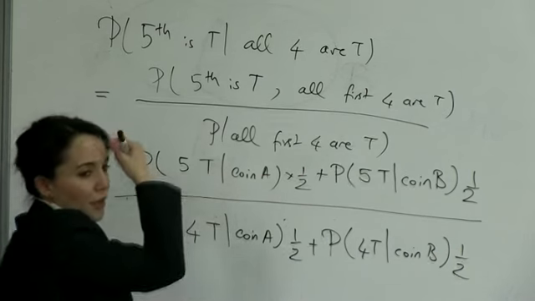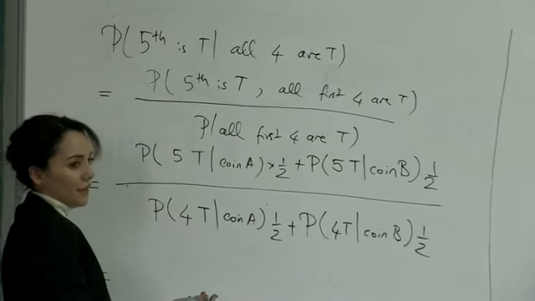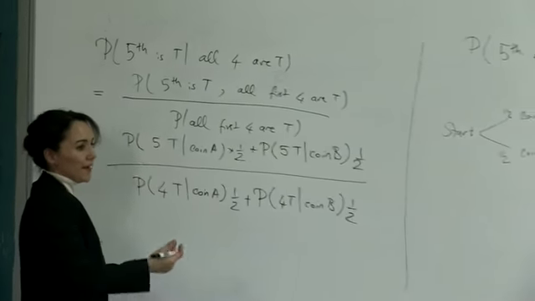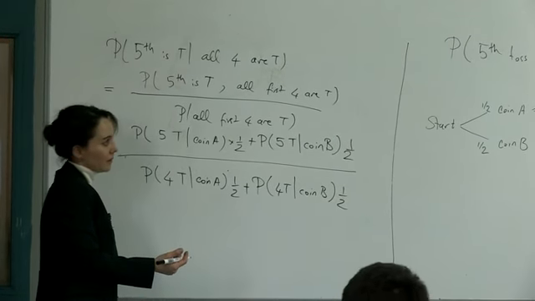5 tails given coin A. If I have coin A, then at each toss, independently, I get tails with probability 0.1.